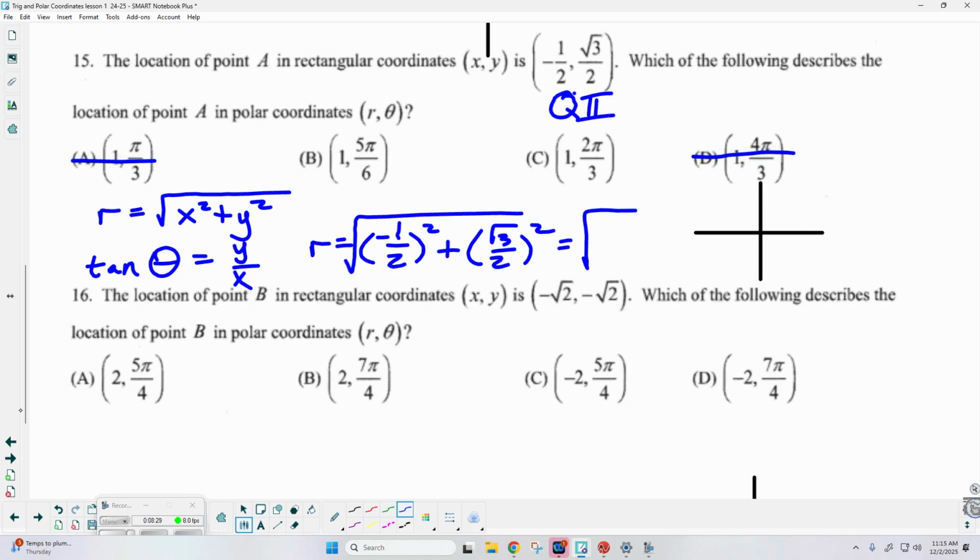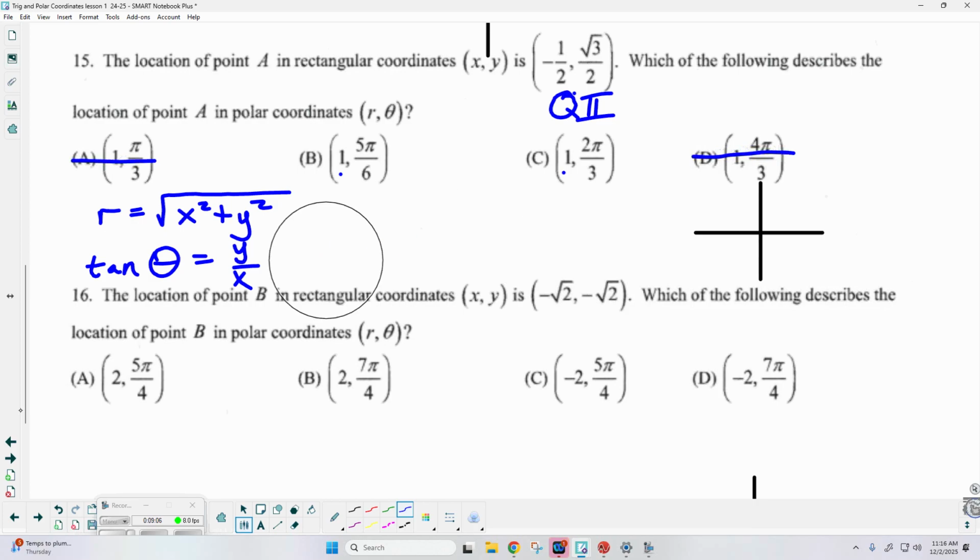So what is negative 1/2 squared? 1 over 4, plus square root of 3 over 2 squared? 3 over 4. So that would give me 4/4, so I'm getting the square root of 1, so my radius is 1. That was easy enough to find. Unfortunately, it doesn't help me with the 2 answers I have left. So at least we know the radius is 1. We kind of already knew that.